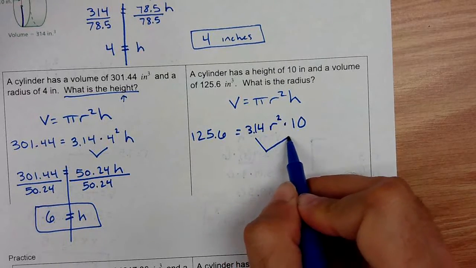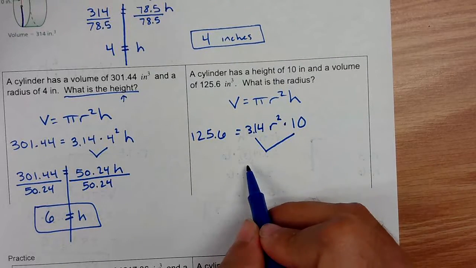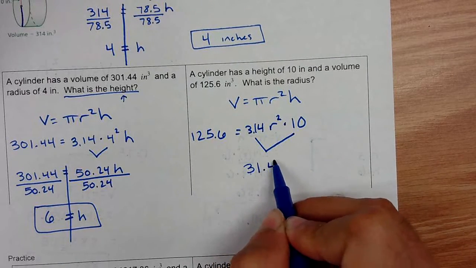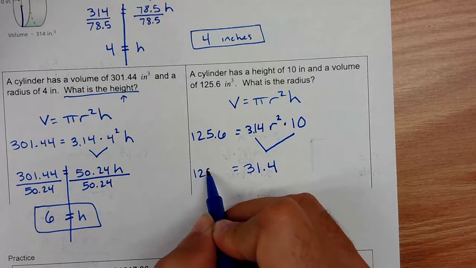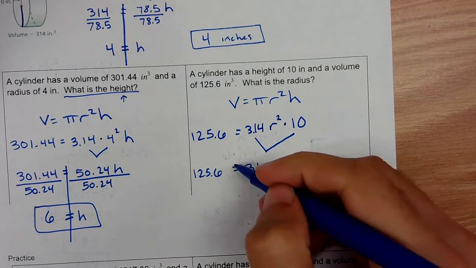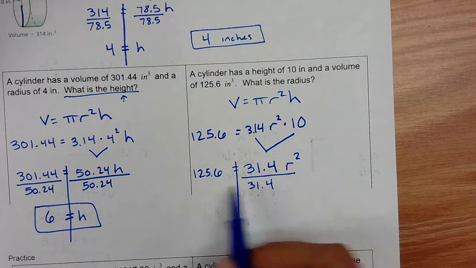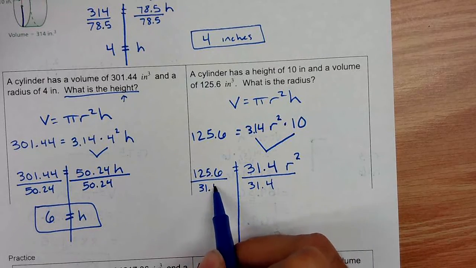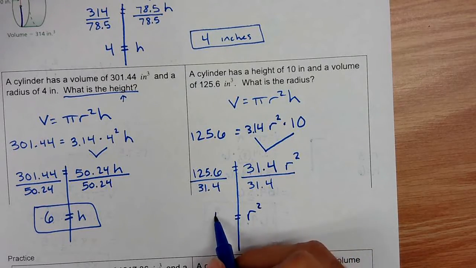Here, we're going to multiply these two values together. So 3.14 times 10, that gives us 31.4. I still have r squared. So what we're going to do is we're going to get rid of this 31.4 first. That gives us r squared equals 4.